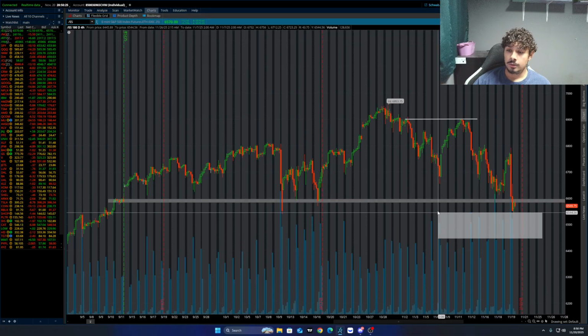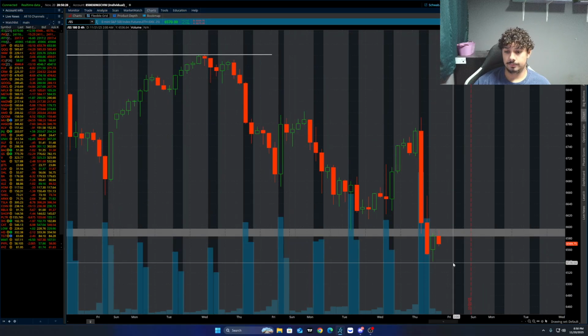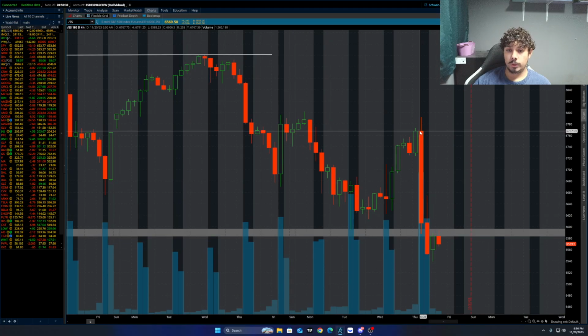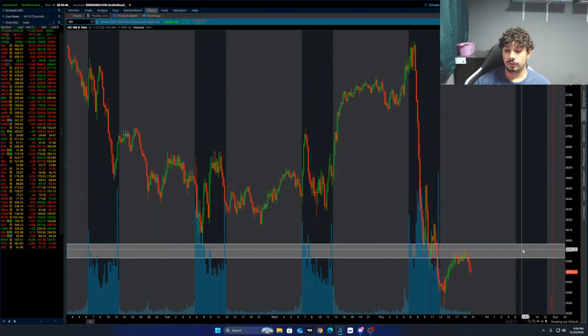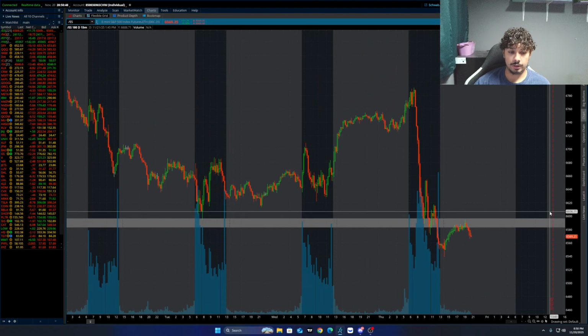Why? Because in this area, we see an aggressive move to the downside. It tried going up, rejected, went right back down below this area, and it looks like it's testing the top of that area. So, what do you think is going to happen next?